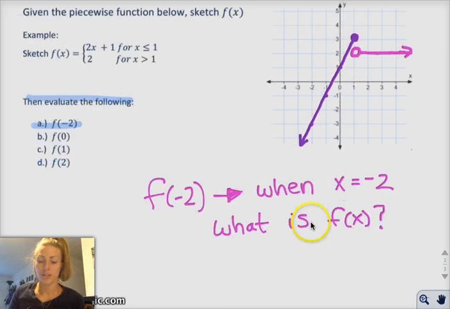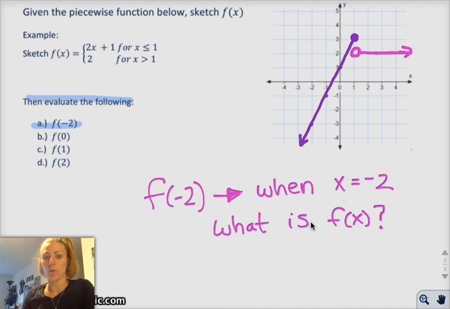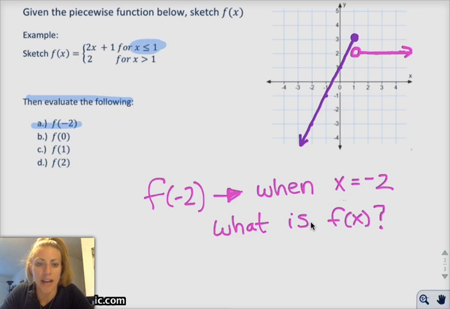So really what this is asking is, when x is negative 2, what's f of x equal to? You've got to figure out which chunk of the graph you're actually on when x is negative 2. If you look at your bounds, when x is less than or equal to 1, which negative 2 is, then you're using this first function.